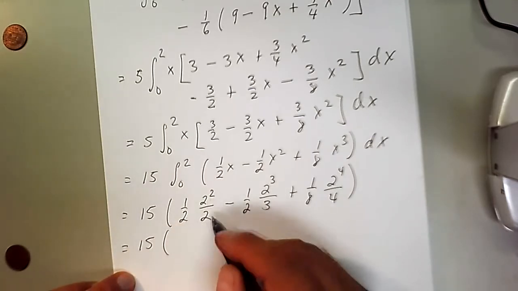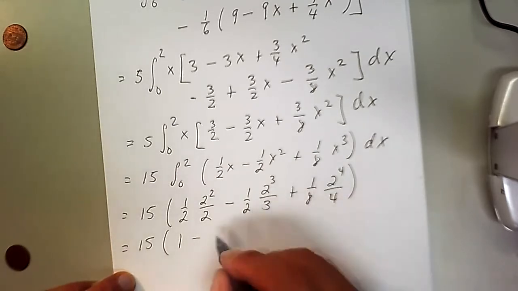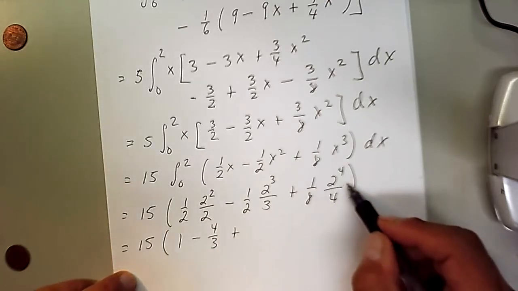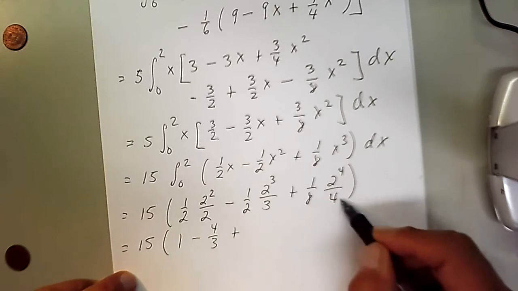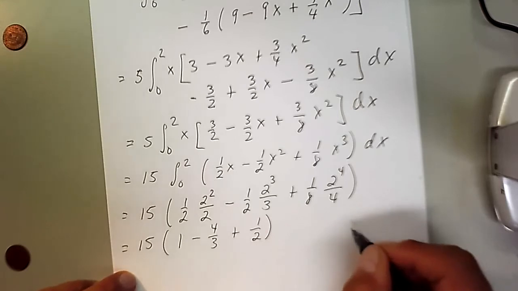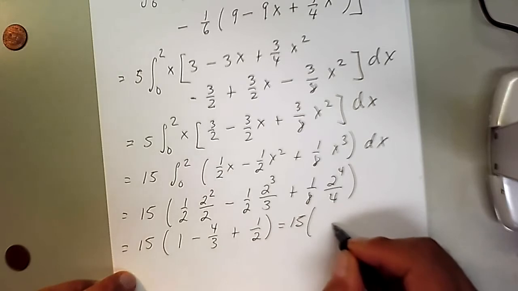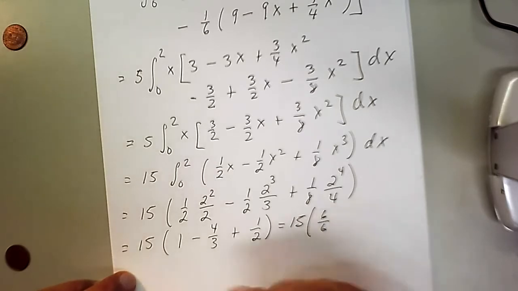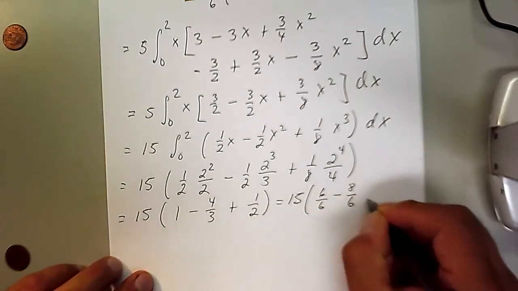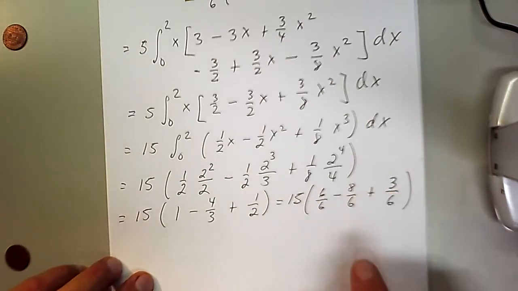And so 4 divided by 4 is 1 minus 1, 2 is out, so we end up with 4/3 plus, that's 32, the top is 16, so we end up with a half. Common denominator will be 6, 15, 6 over 6, that's the 1, minus 8 over 6, plus 3 over 6. So that makes 9 over 6.